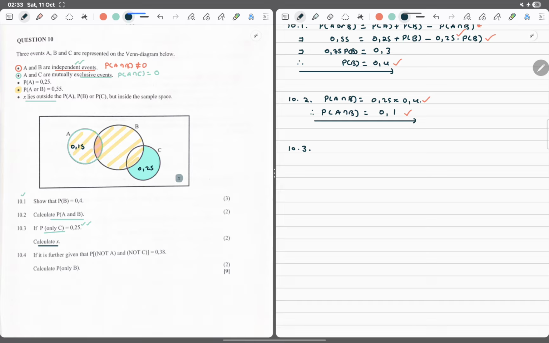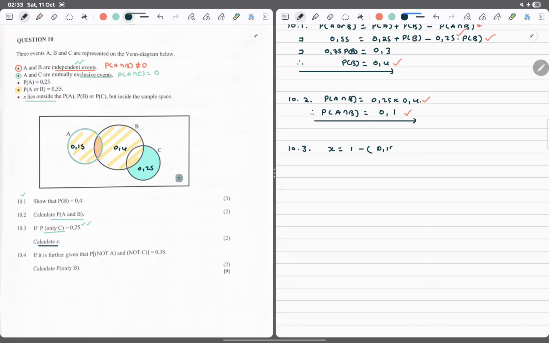B as a whole is 0.4, including the intersection. So we've got our stuff sorted. So we know essentially, guys, P of the sample is supposed to be 1, isn't it? So all we can say is X is going to be 1 minus all these things. It's a complement of all these things.